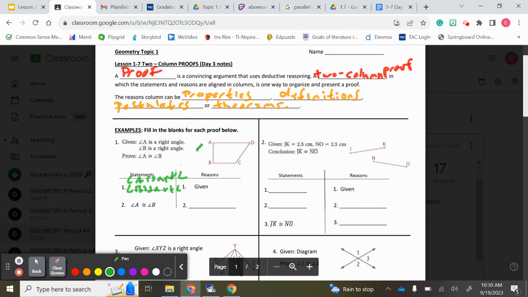Well, what do we know about right angles? Yeah, they're 90 degrees. And if they're both right angles and they're both 90 degrees, then they're both what? The same, which means they're equal to each other, right? Does equal and congruency kind of match up a little bit? Yeah. So we could state here, because we know those measures, that all right angles are congruent. And if you look, that is all the way down. It says the right angle congruence theorem.